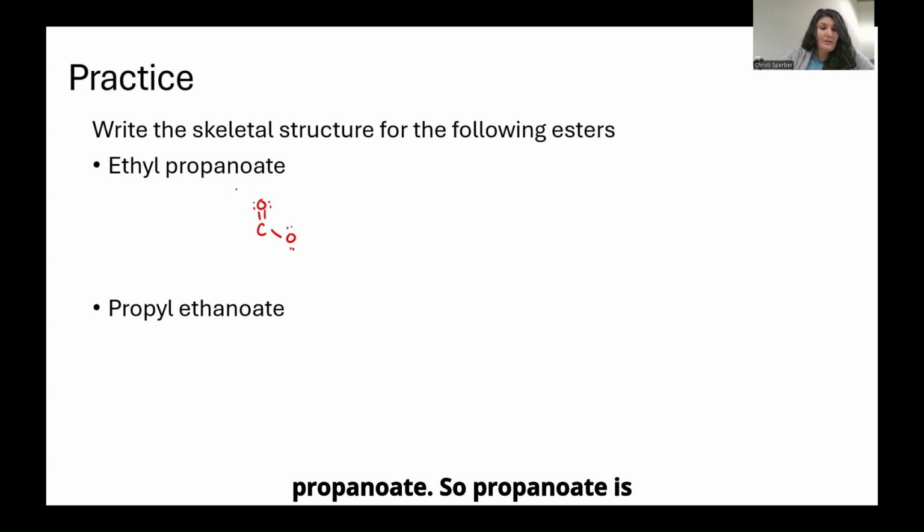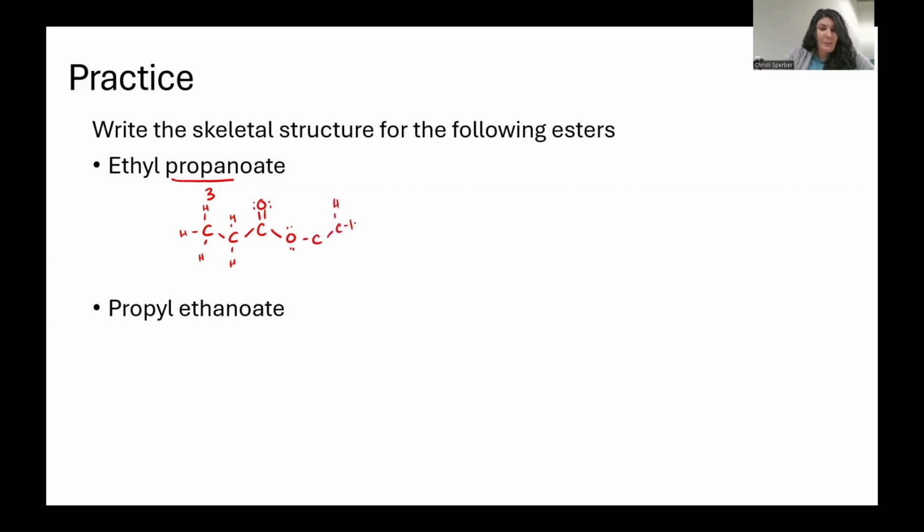Propan is 3, so this is 1, 2, 3, with my H's. Then ethyl is 2 carbons. So this is 3 carbons and then 2 carbons. I could have drawn it like this. So this is the skeletal structure. We have 1, 2, 3, and then 1 and 2.